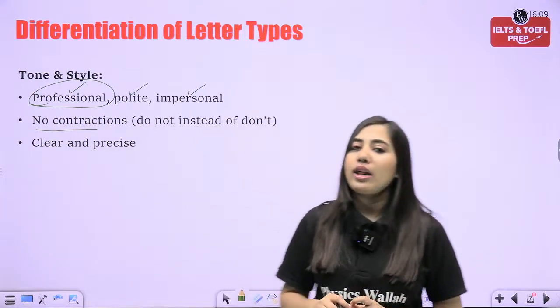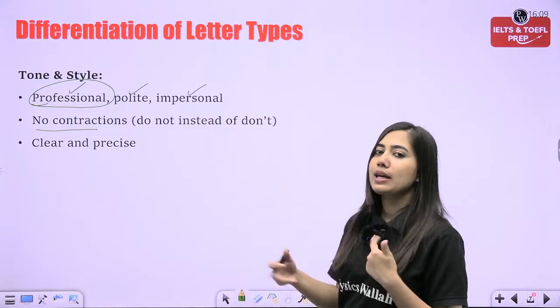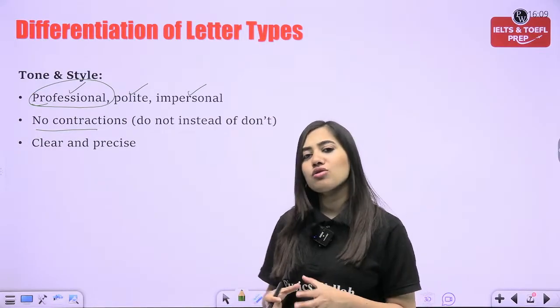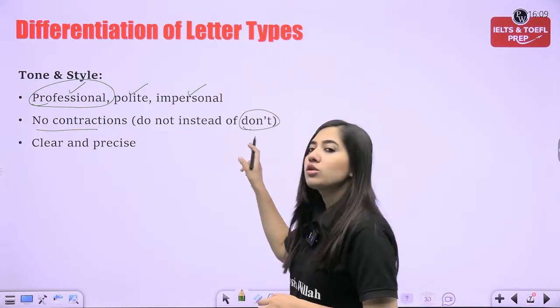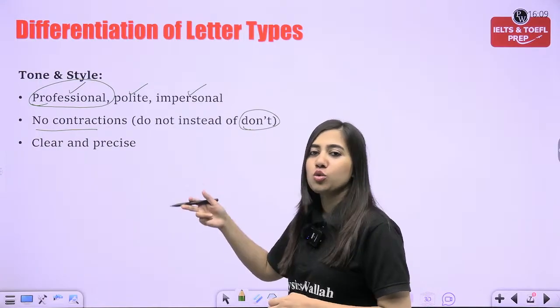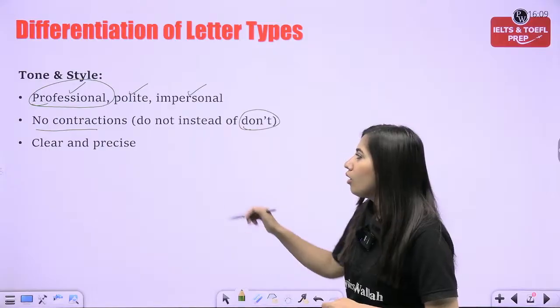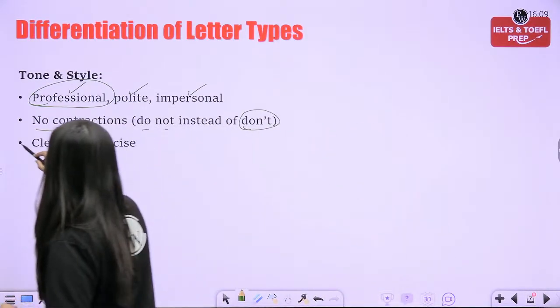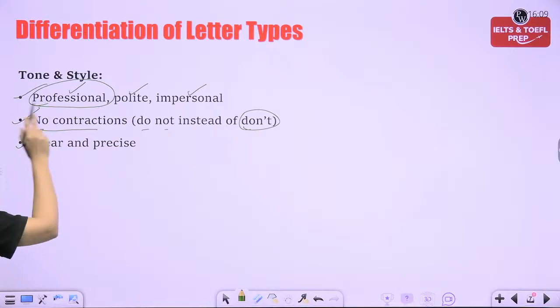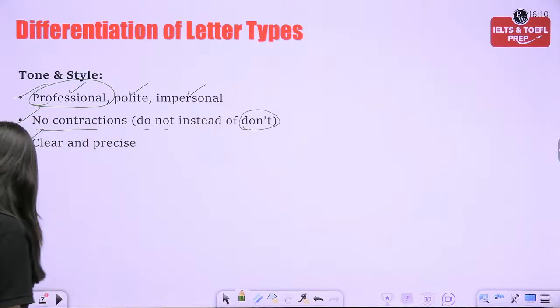Contractions, when I say that, I mean the short forms, the abbreviations which you make, right? Do not instead of don't. So you don't have to write can't, don't, right? Always write do not, the full forms. Then next, you have to write clearly and precisely. All this tone and style you will be adopting here.